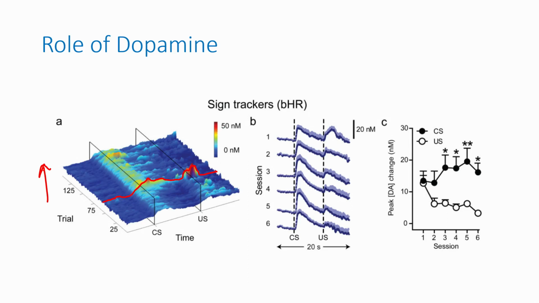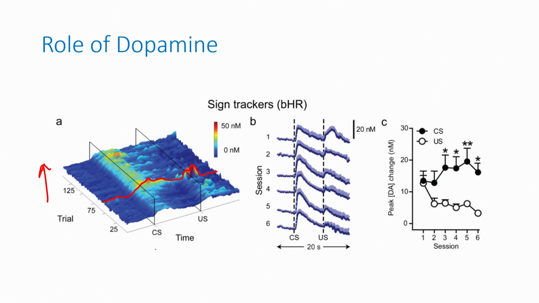To make our job easy, they have color coded it. If you see a deep red, that would correspond to 50 nanomolar, and a low black or blue would correspond to 0 nanomolar of dopamine. Superimposed on that are the time points at which the CS and the US are being presented.